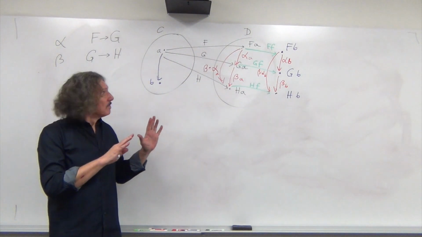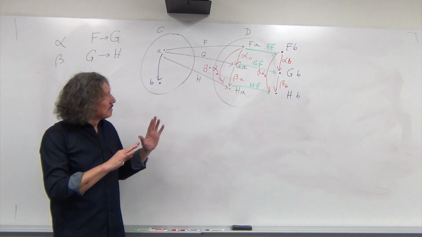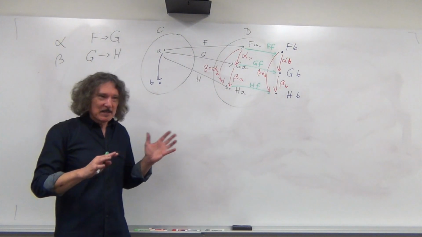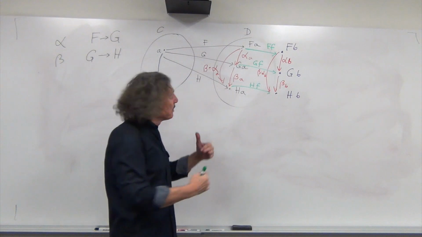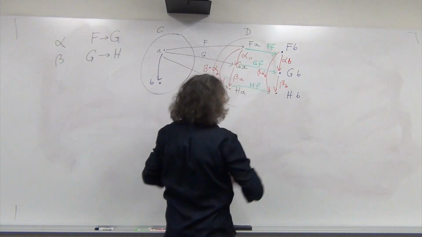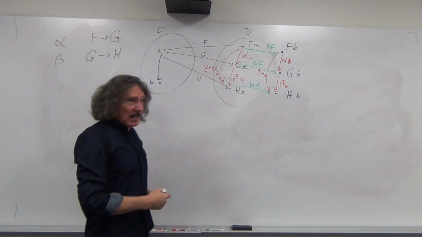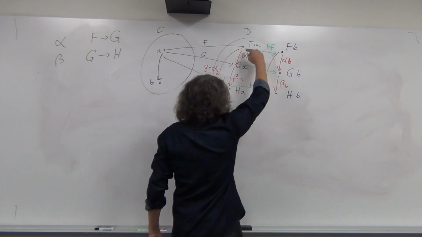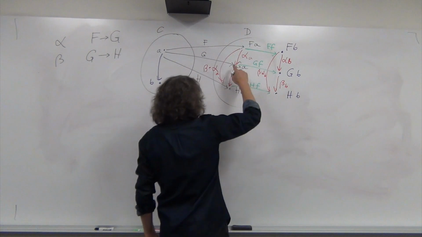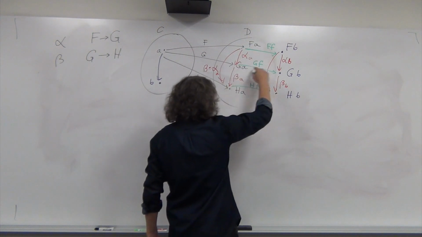That's a lot of arrows, but it's pretty straightforward. I'm just repeating the same square twice. So the naturality condition for each of them says, this way is the same as this way. And here, this way is the same as this way.